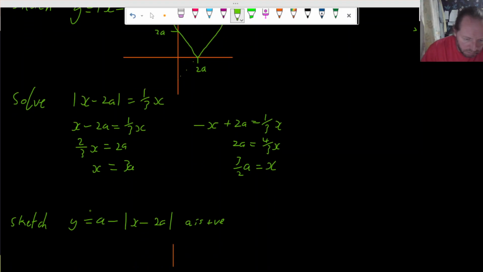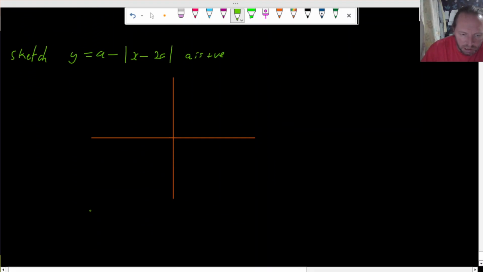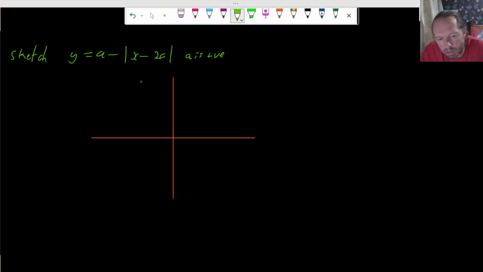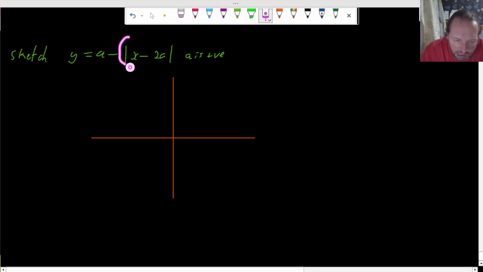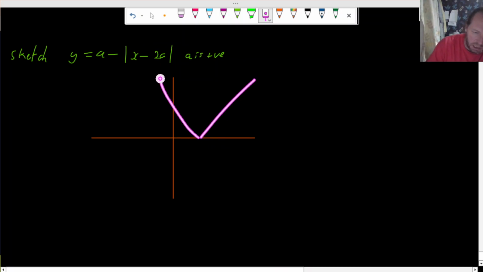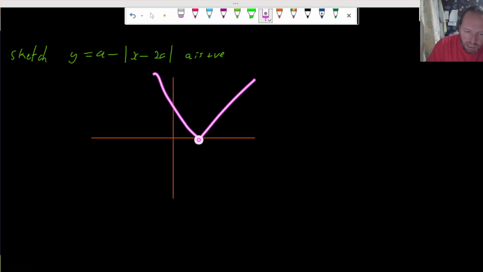On to part C. Sketch y equals a minus the modulus of x minus 2a. Well, we know that the x minus 2a is looking something like that.